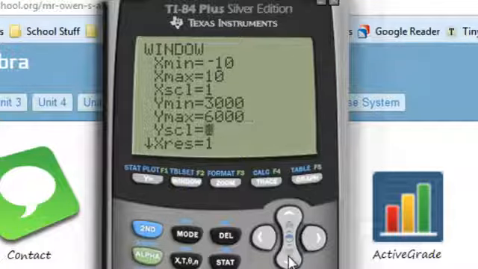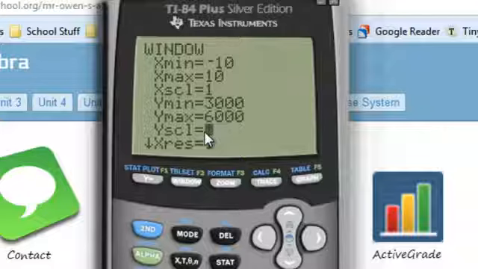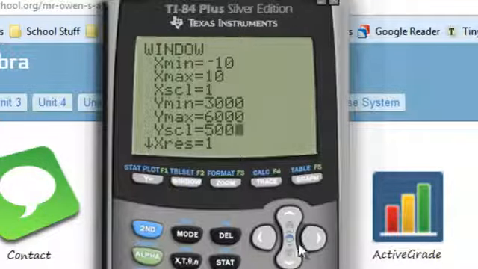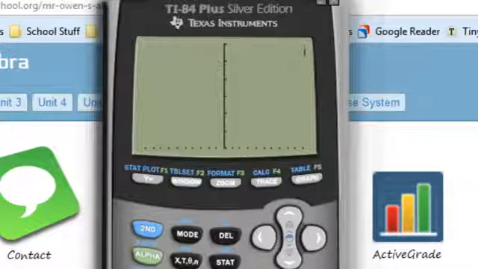Okay, now we don't want the Y scale to count by ones because it's going to be too hard to see those ones if we're plotting 3,000 of them. So maybe we count by 500s on the Y scale. Let's go back to our graph and see what that looks like. Aha, there we go.